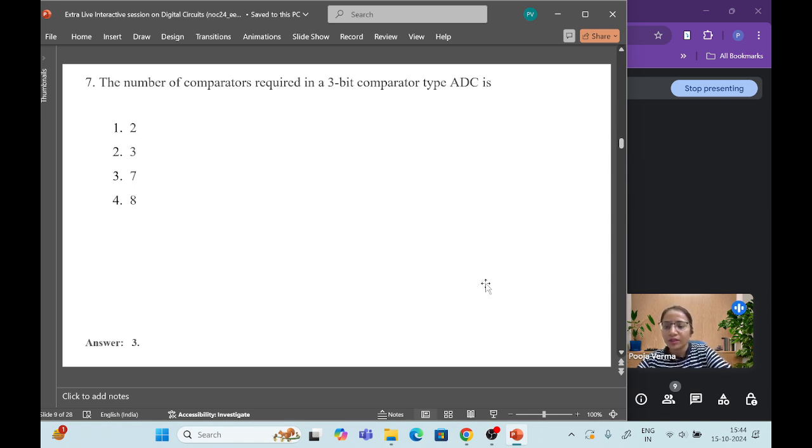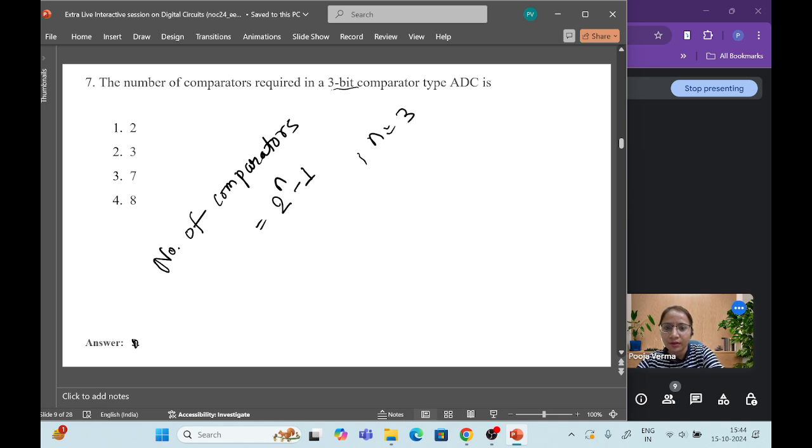Okay, so moving to the next question. This one is very easy, you can try it. The number of comparators required in a 3-bit comparator type ADC: option 1 is 2, option 2 is 3, option 3 is 7, option 4 is 8. So how can we find out the number of comparators in an ADC? It is equal to 2 to the power n minus 1, where n is 3 bits as given.